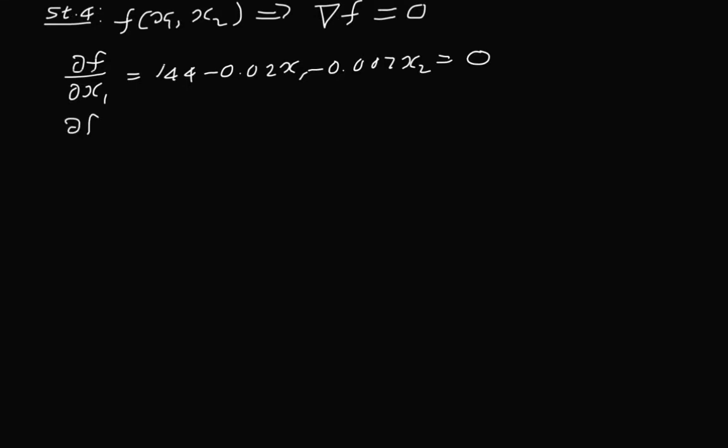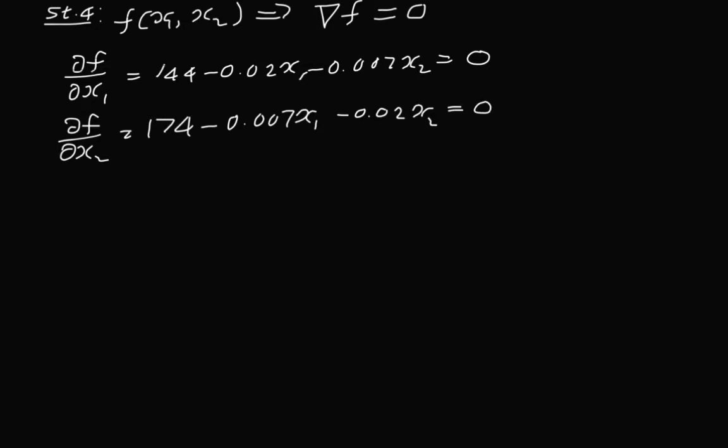The next one, with respect to x2, equals 174 minus 0.007 x1 minus 0.02 x2 equal to 0.